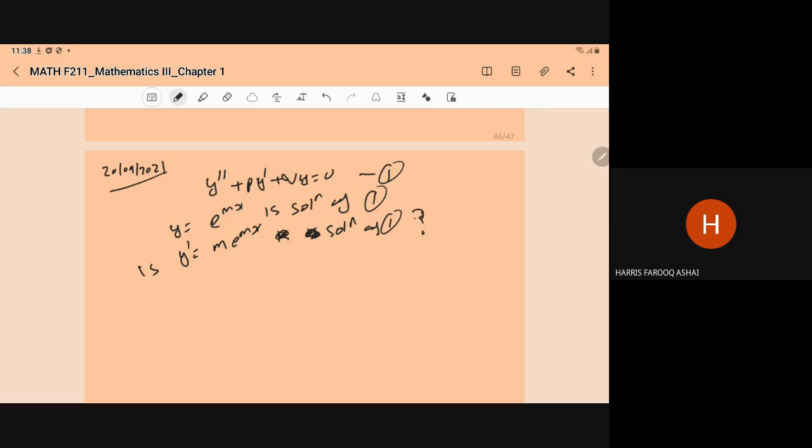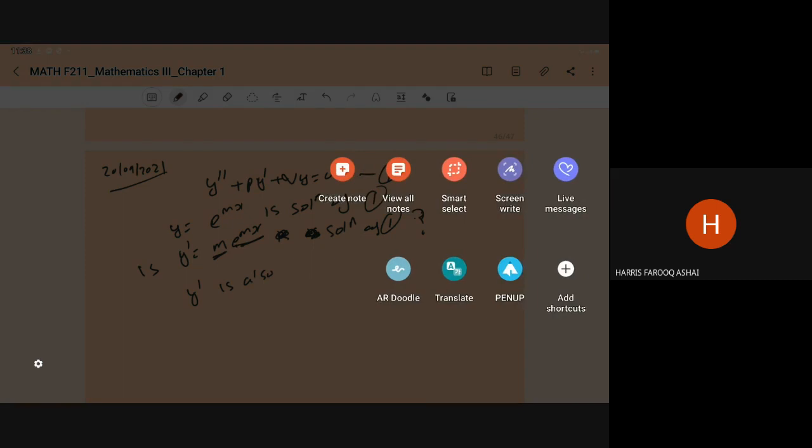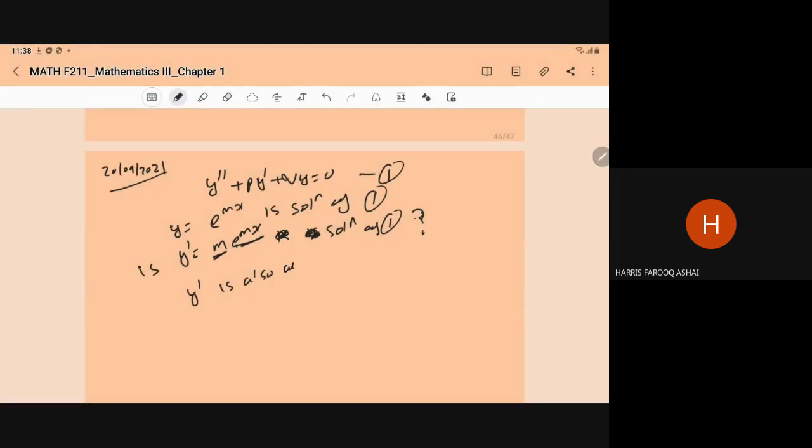Yes. A constant multiple of a solution is also a solution. It means you can say that y dash is also a solution of y double dash plus p y dash plus q y is equal to 0, using the same principle.